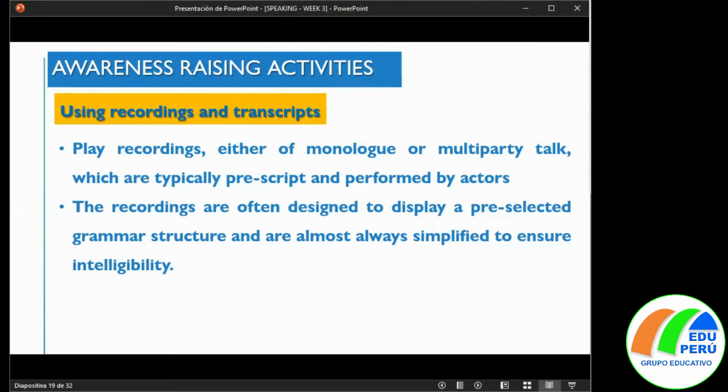Pre-selected grammar structure, but in a simplified way. Not to be confused. If you present a lot of structures, or complex structures to your students, it's going to be confusing for them, not intelligible for them. So this recording must have a pre-selected grammar structure and in a simplified way. All right?